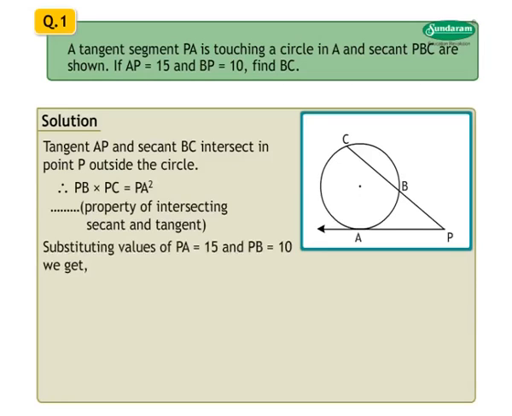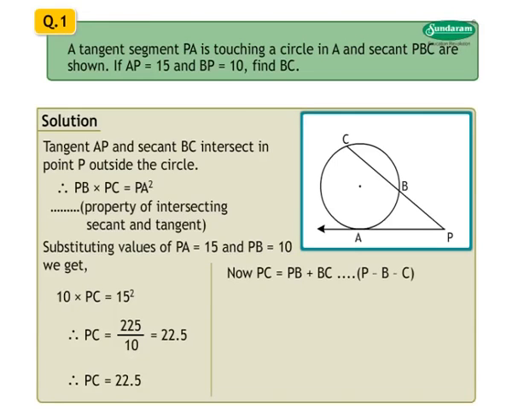Substituting values of PA is equal to 15 and PB is equal to 10, we get 10 into PC is equal to 15 square. Therefore, PC is equal to 225 upon 10 is equal to 22.5.